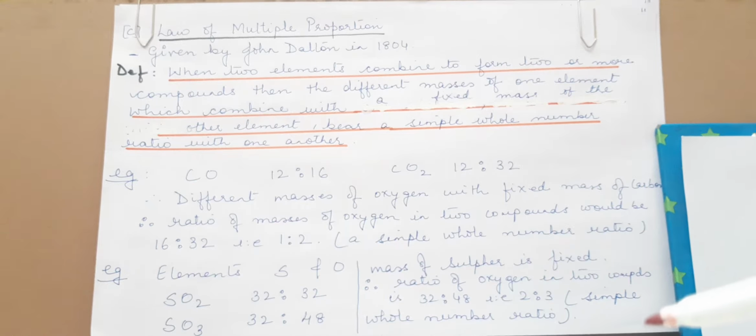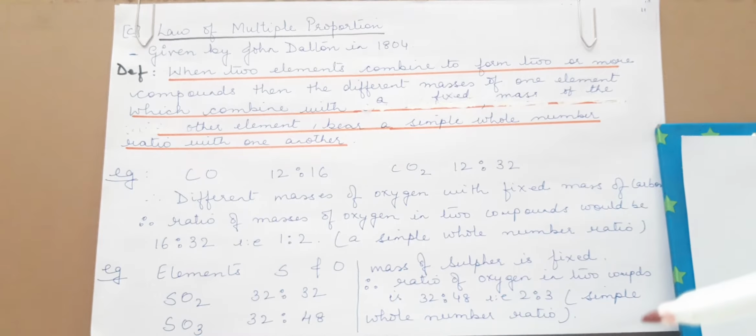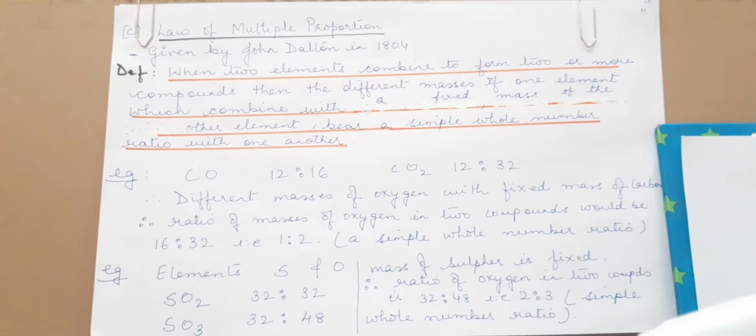Water as H2O, hydrogen peroxide as H2O2. But the ratio of the masses of hydrogen and oxygen in the two compounds is entirely different.